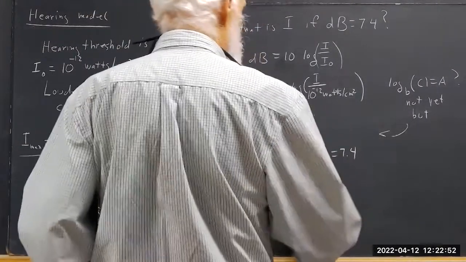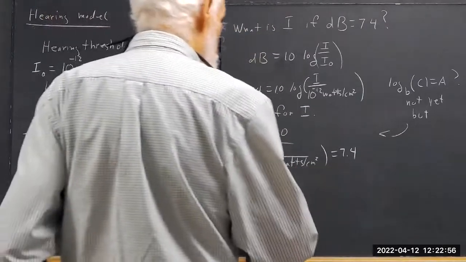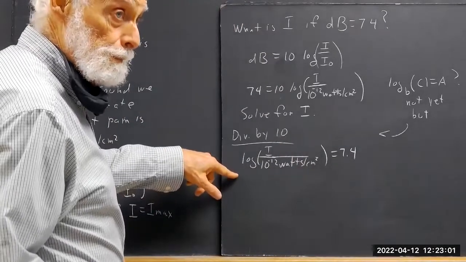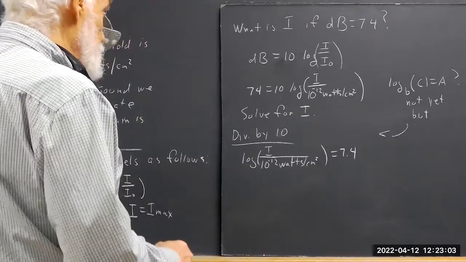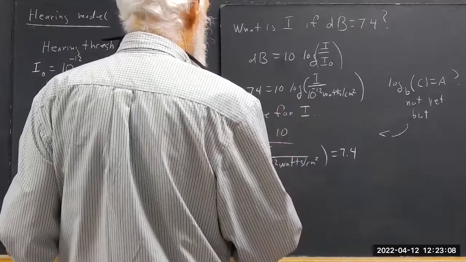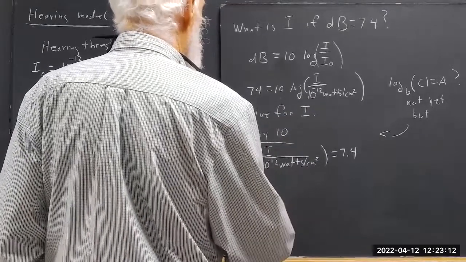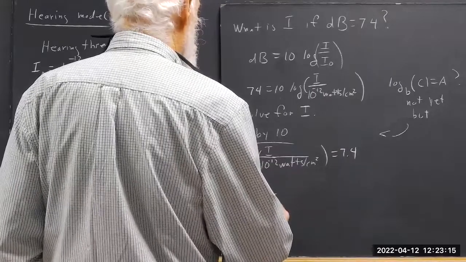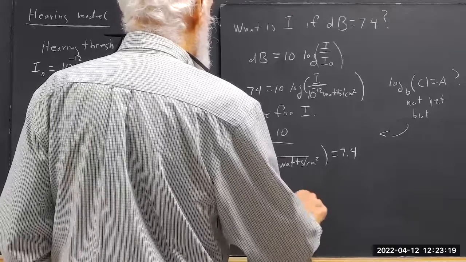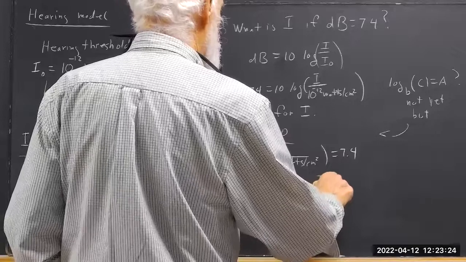Okay. So translating this to exponential form, remember that log means log to the base 10. And if you want, you can put the log base 10 here. So you know that I over 10 to the minus 12 watts per square centimeter equals 10 to the 7.4.